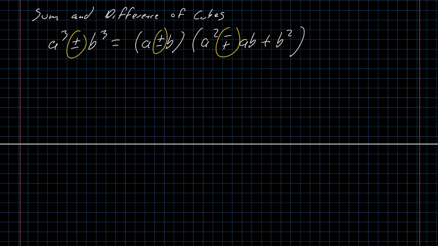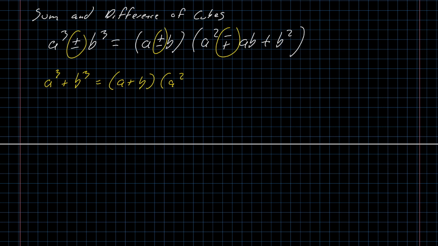The first oddity that I want to stress in this formula is this plus or minus, minus or plus. The idea here is that I don't want to have to write out two separate formulas. And whether it is plus or it is minus, it follows a very similar scheme. So if I follow the top branch, then I have a cubed plus b cubed, then I have a plus b, and I have a squared.